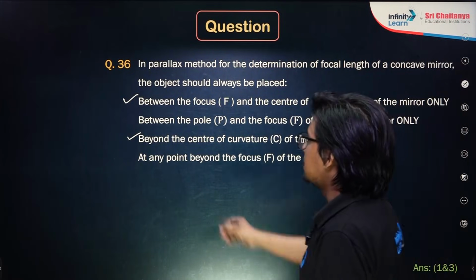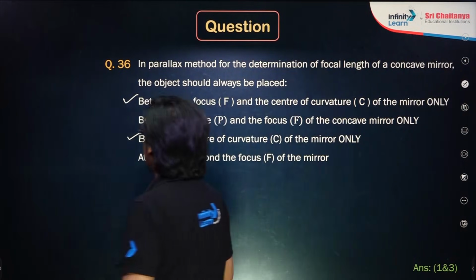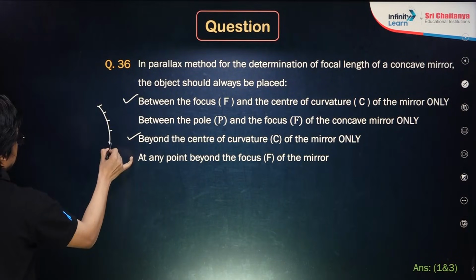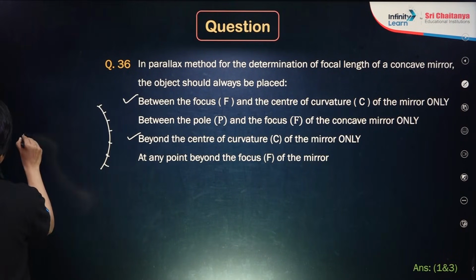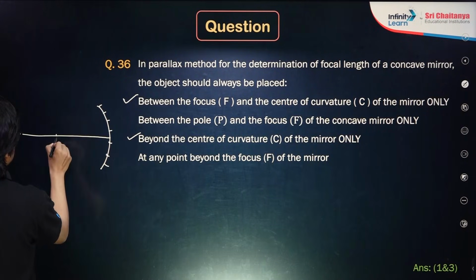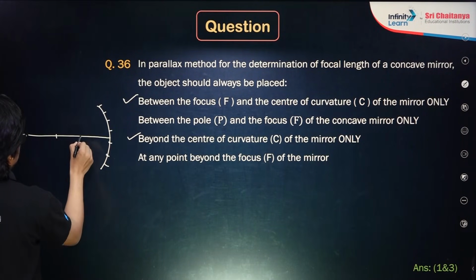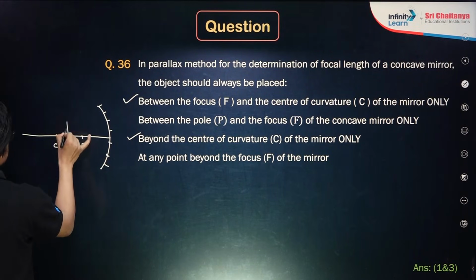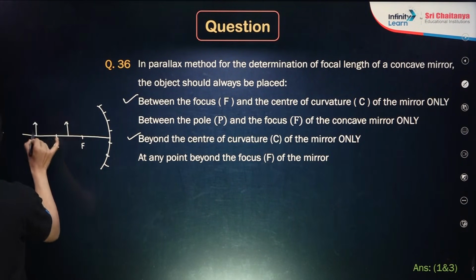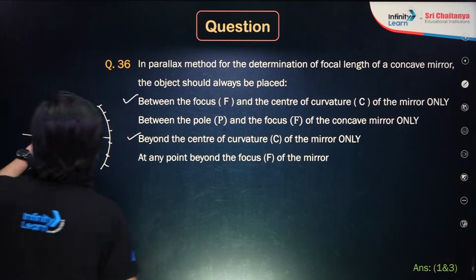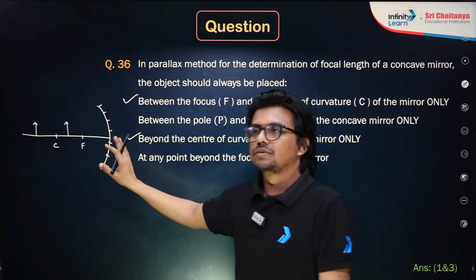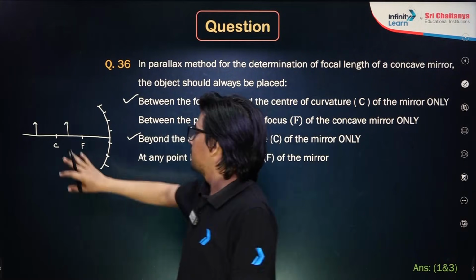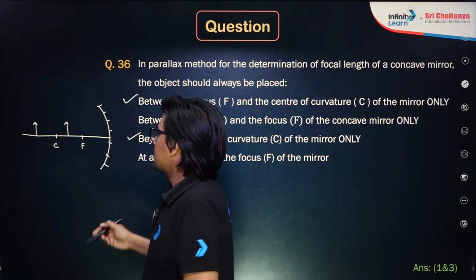Options 1 and 3. If this is the concave mirror and you put the pin in front of it, you can put it between the center of curvature and the focus. You can also put it beyond the center of curvature. You can put it anywhere so that an inverted image of this pin is formed.